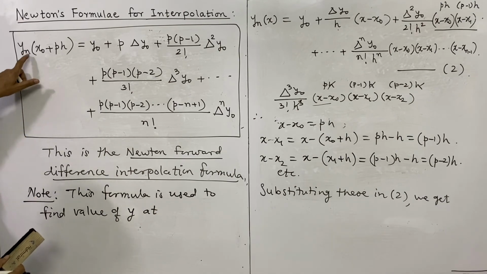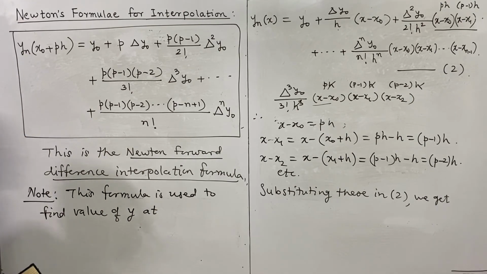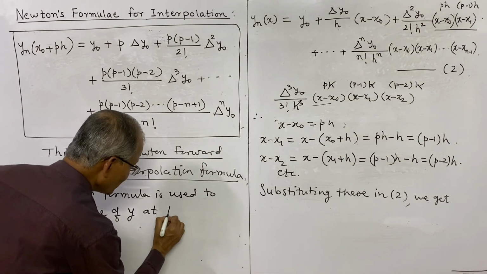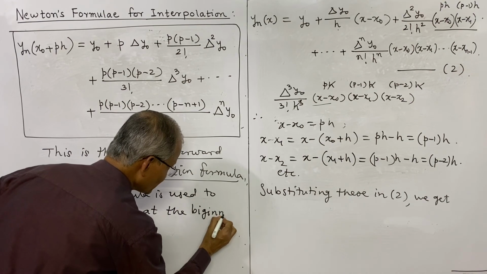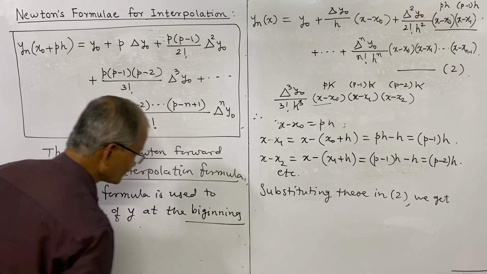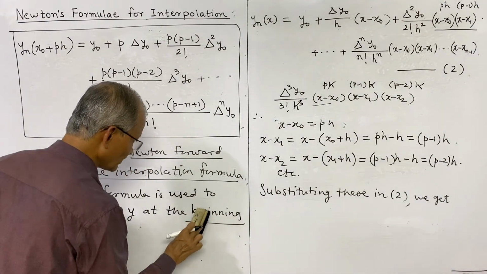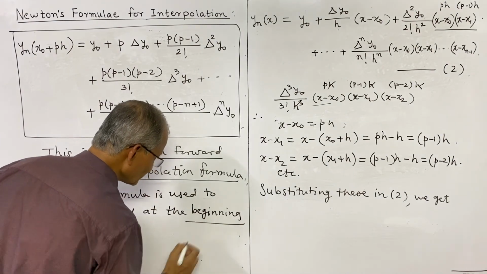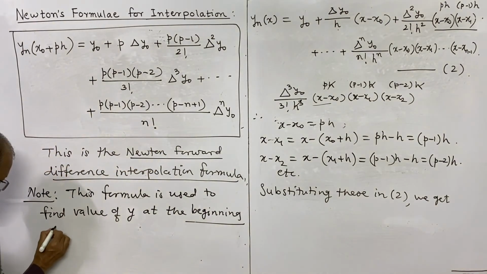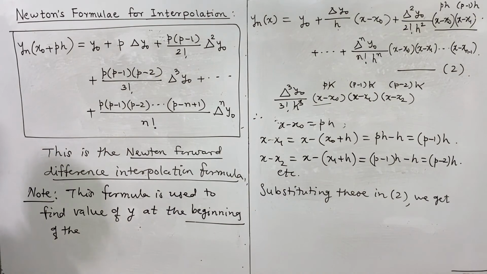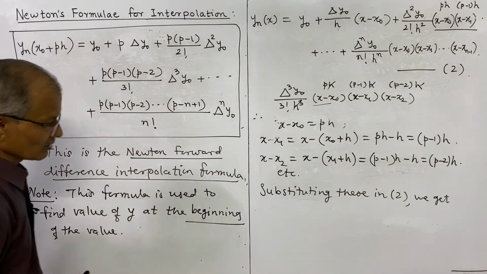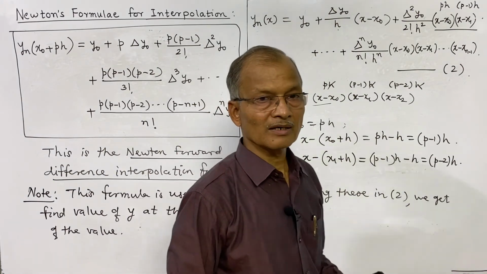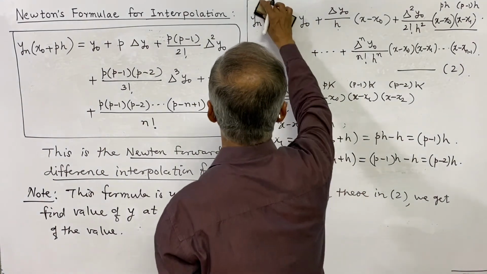So yn is written to denote the nth degree polynomial, and it is used to find the value of y at the beginning of the table. If the value is close to the beginning or start, then this formula is to be used.